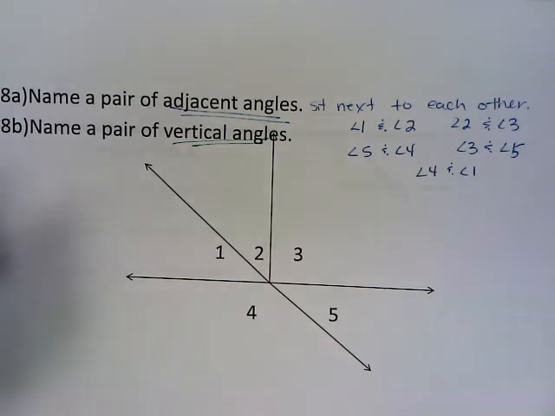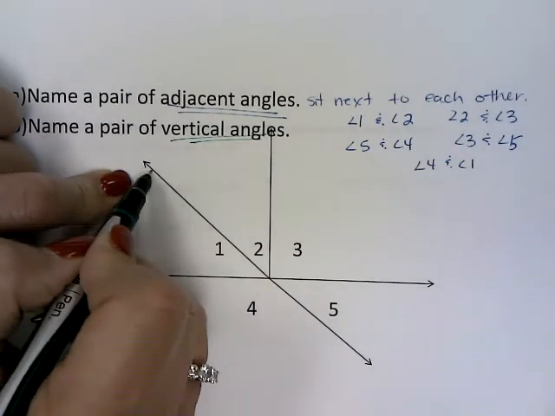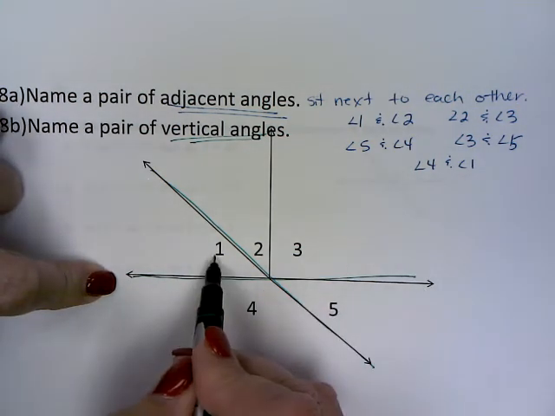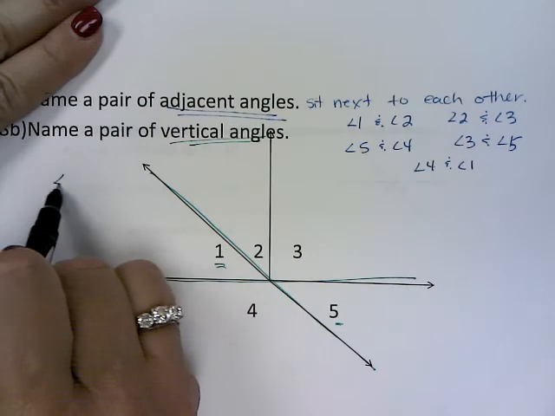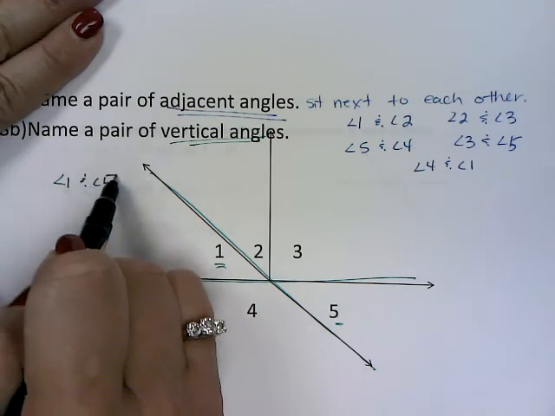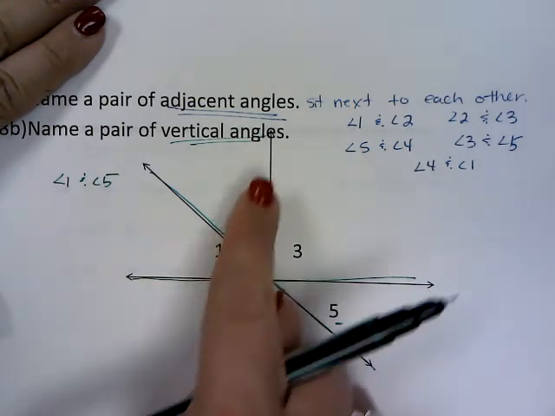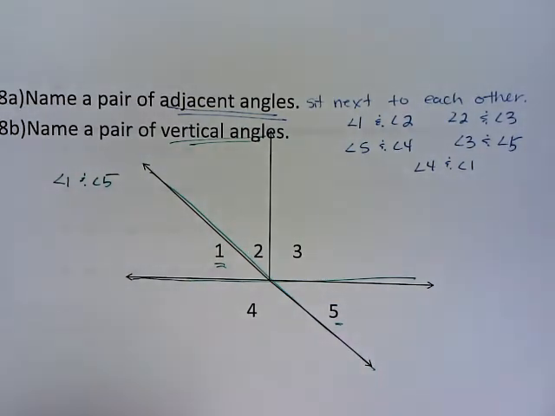Actually, I do. I have this line here that's intersecting this line here. So angle 1 and angle 5 are vertical angles. Nobody else, because nobody else has straight lines intersecting that would become a vertical angle.